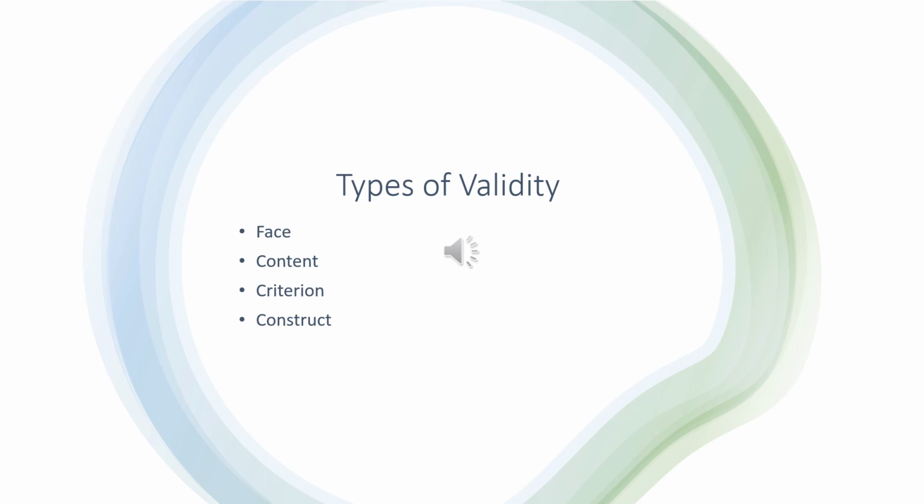Okay, if you were taking a typing test and you got some engineering questions, it just wouldn't be face valid. So it needs to appear to be valid, and that can motivate a person if it looks like it's measuring what it purports to measure. Okay, and then we have content, criterion, and construct validity, which I will talk about at more length in the next slides.